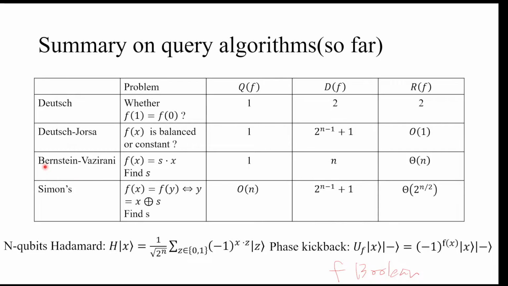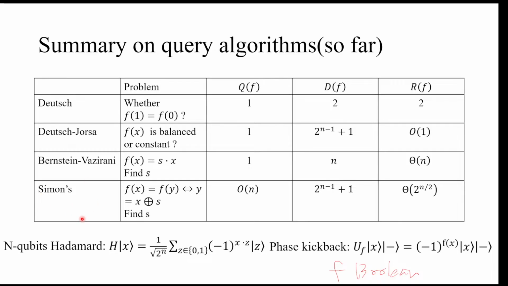In the Bernstein-Vazirani algorithm, f is n bits to 1 bit, and is promised to be s star x with some secret string s, and we want to find the secret string s.